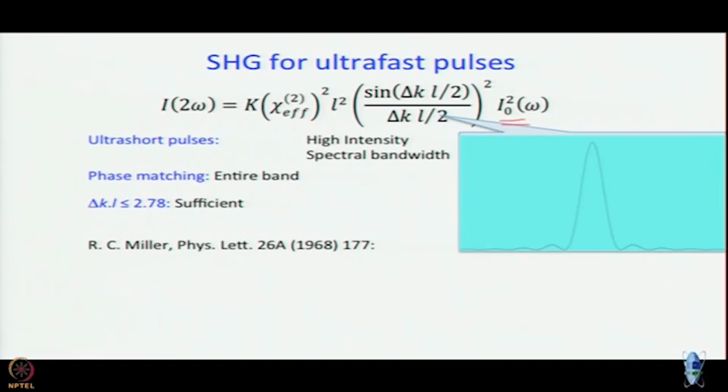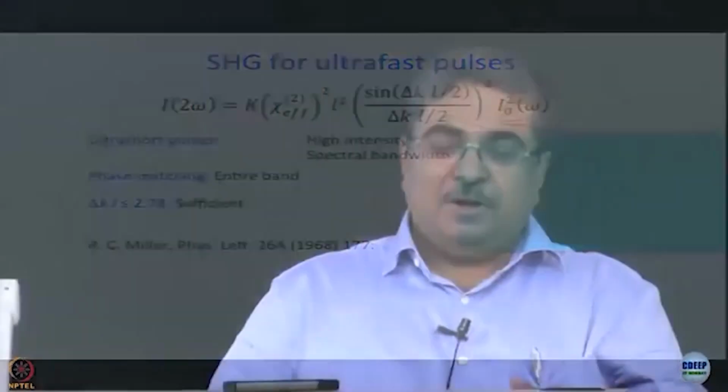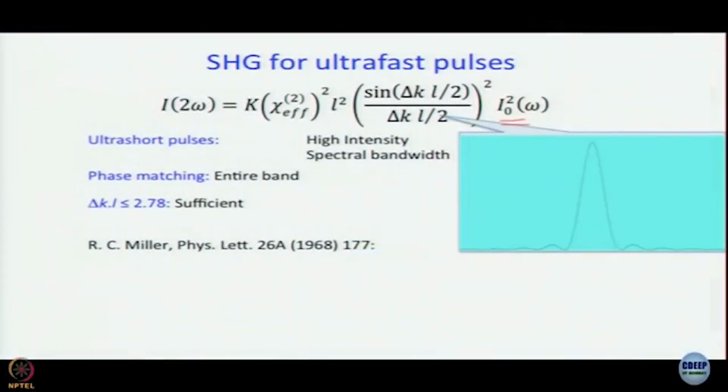Now, that particular plane wave is also characterized by a characteristic frequency. So, what this paper from 1968 does is that it starts from this delta k dot L less than equal to 2.78 and works out the expression for delta nu. The nu is something that we understand better, and nu is something that we work with a little better, right.